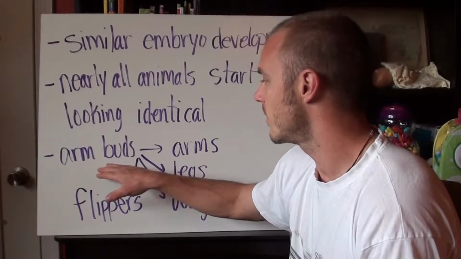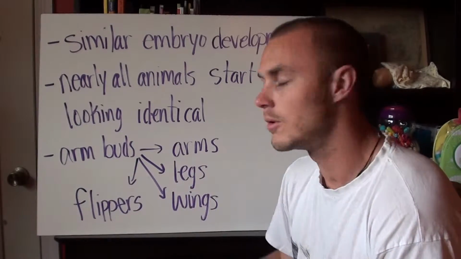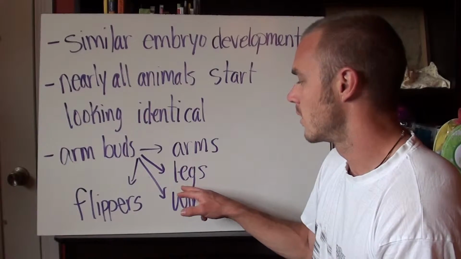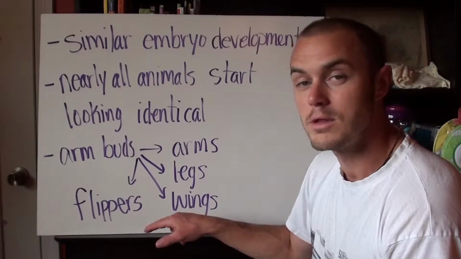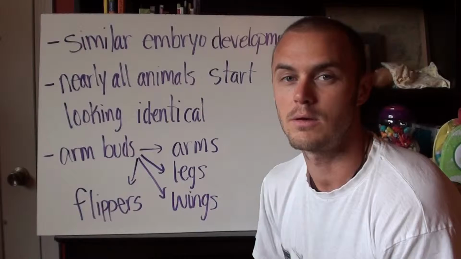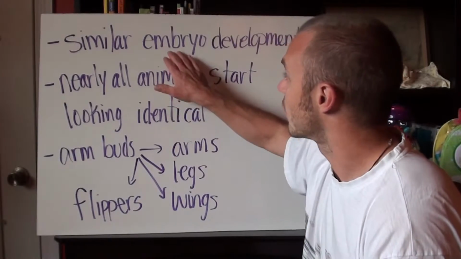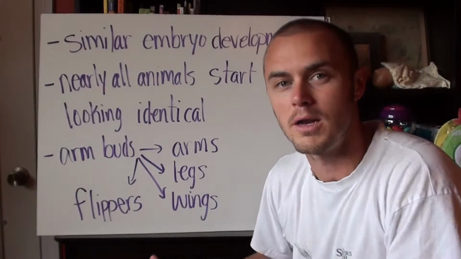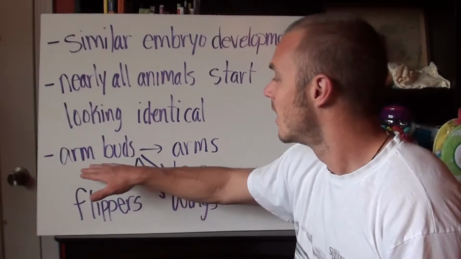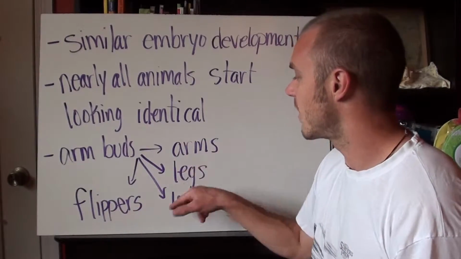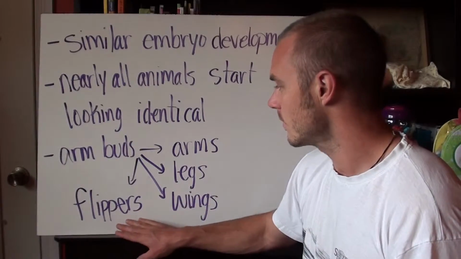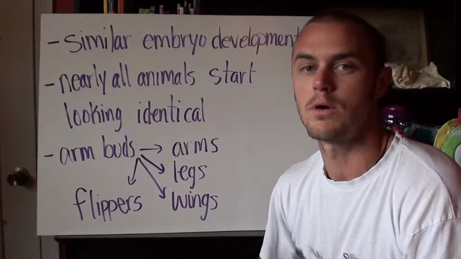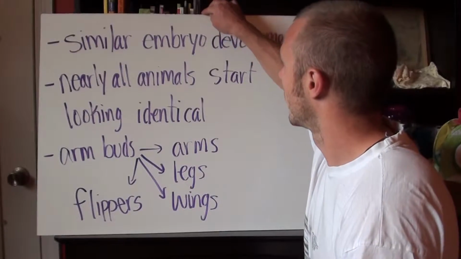As the arm bud is being formed, depending on the animal, it might turn into arms, or legs, or wings, or flippers. But they all start looking the same. They all develop some sort of arm bud, unless we're talking about snakes. Then you end up with these different uses for the appendages.